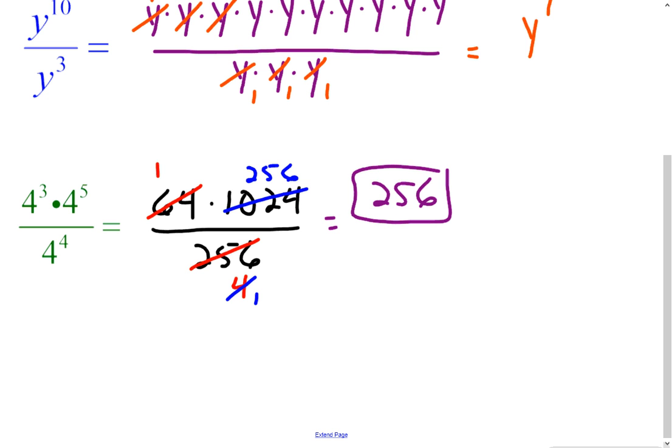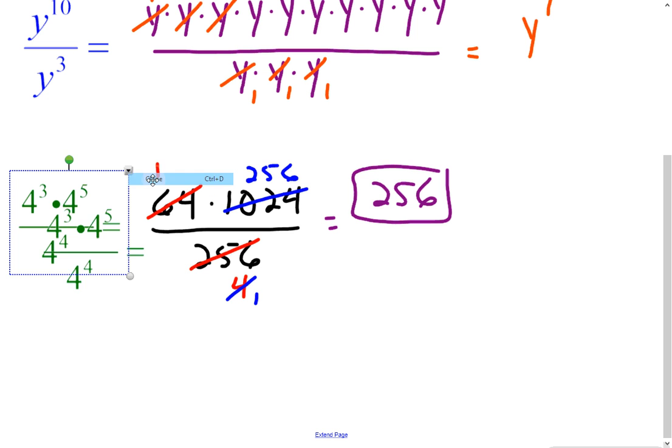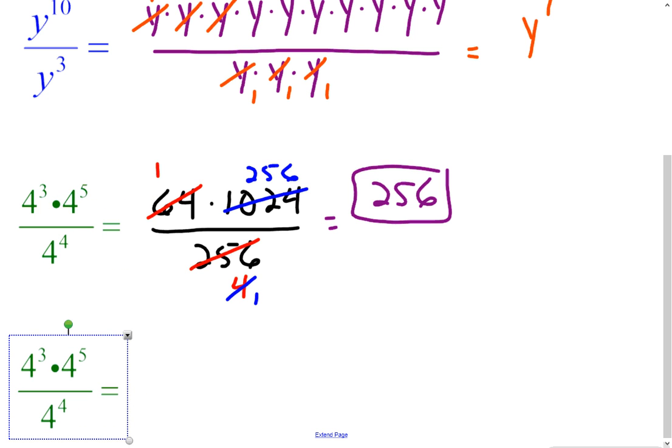Now, another way that in my mind would be a little easier to work through, because then I don't have to do as much multiplying, I'm just going to start off and go, well, this 4 to the third, let's just do this. I'm going to clone that, and then we can rewrite it here. Perfect. So when I look at this, I look at the 4 to the third. Well, that's 1, 2, and 3.